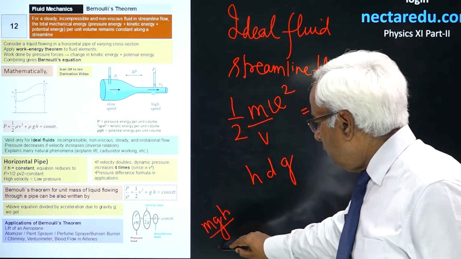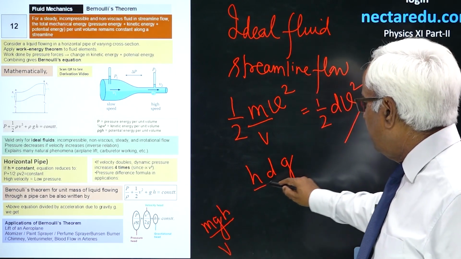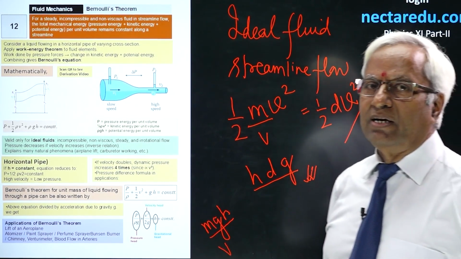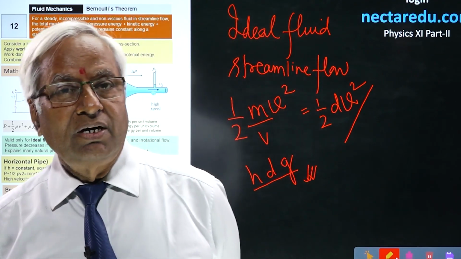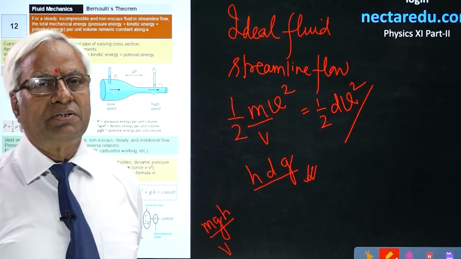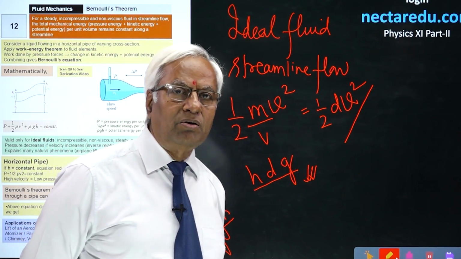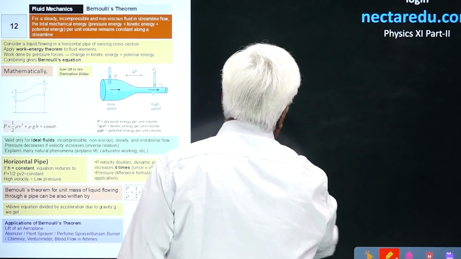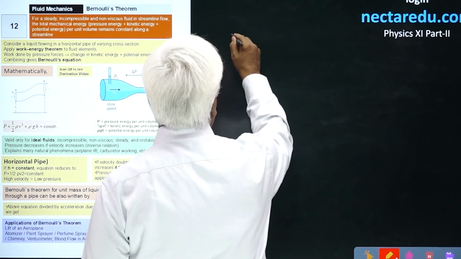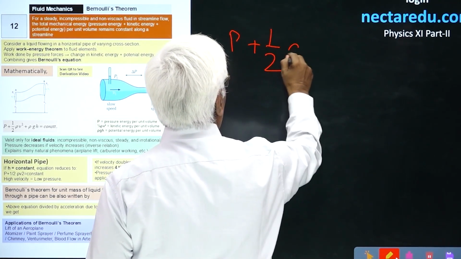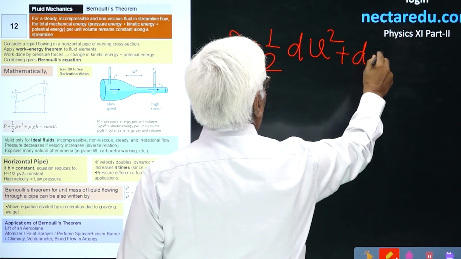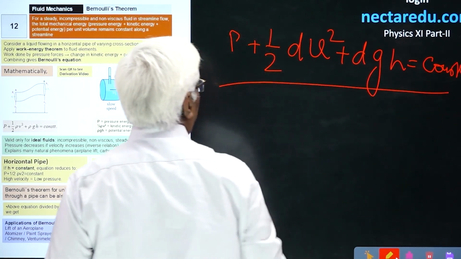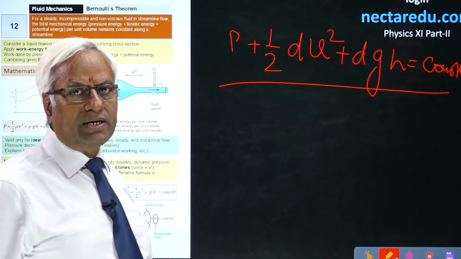You divide it by volume, it becomes dgh. This is the potential energy per unit volume. Similarly, the pressure energy is P delta V, and pressure energy per unit volume is going to be P only. If you sum up all three terms, this theorem says that the sum of these terms per unit volume always remains constant. But the very important condition is that this is applicable for streamlined flow and ideal fluid.